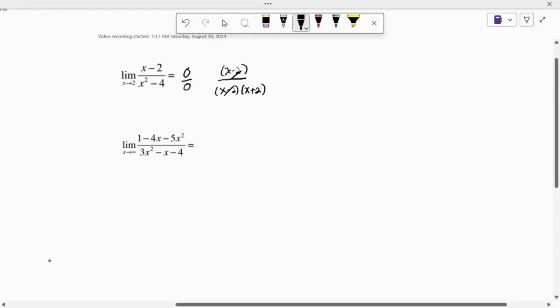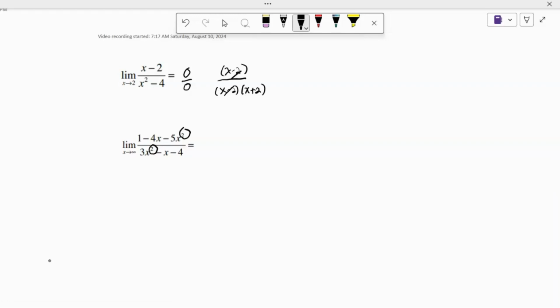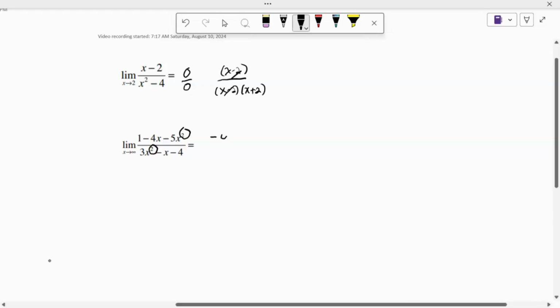Same thing with the next example here. We have a limit at infinity that has a power of 2, and this would be negative infinity divided by infinity, which could be done with L'Hopital's rule.